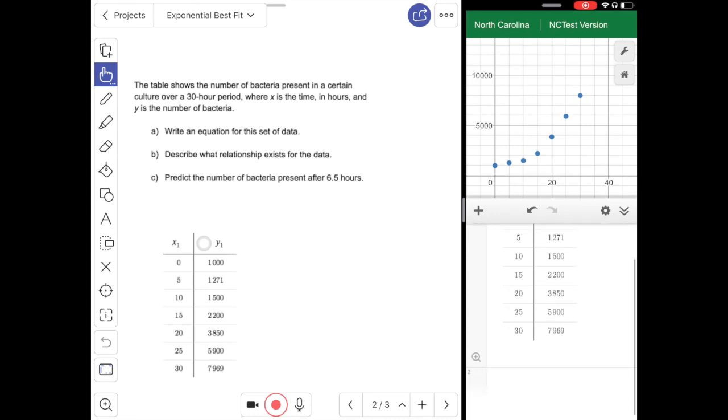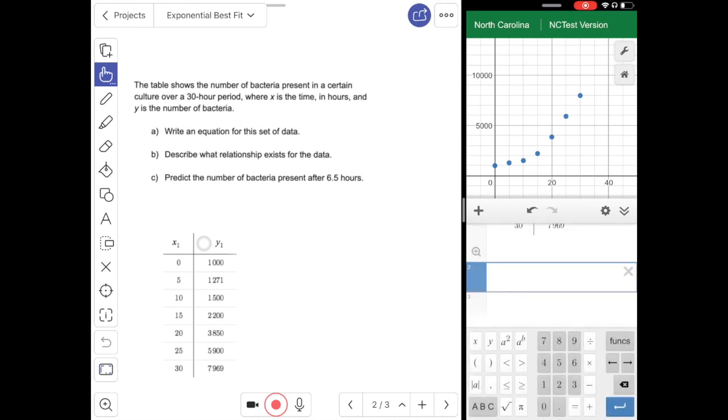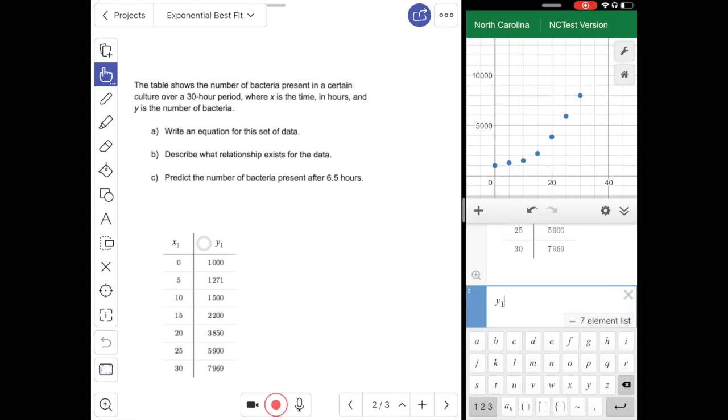Well, in order to find the exponential model, we have to tell Desmos that we want exponential. So we're going to type in y1. Again, we're doing y1 because that's how the table is labeled. We're going to do that similar symbol, which I call the squiggle.